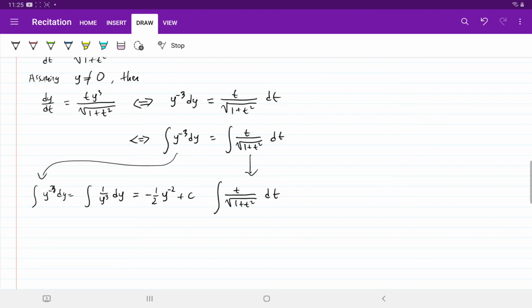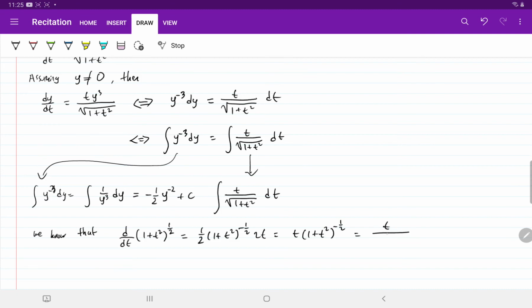But we know that if you compute the derivative of square root of 1 plus t squared using chain rule, this derivative equals 1/2 times 1 plus t squared to the minus 1/2, and the term inside becomes 2t, so you have t over square root of 1 plus t squared.